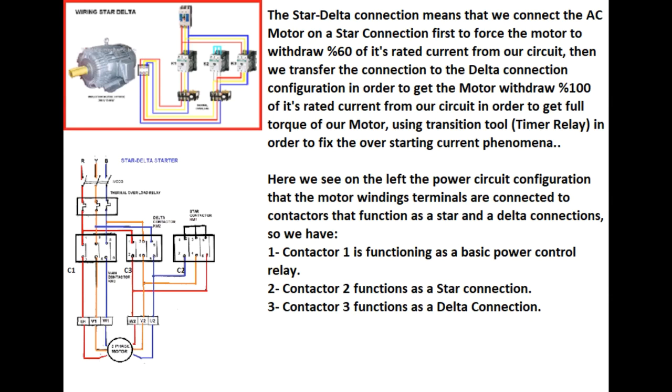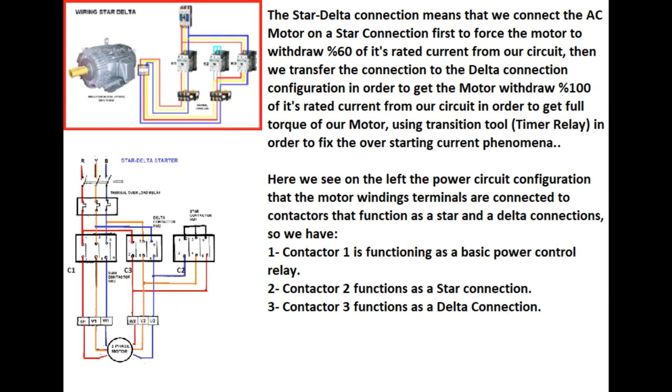Because after we attach our motor, it will withdraw about 9 times more than its rated current, and this could affect your sizing and your devices. It could affect your cabling, so you don't want this. You want to make it work on a small amount of torque, or its rated torque.